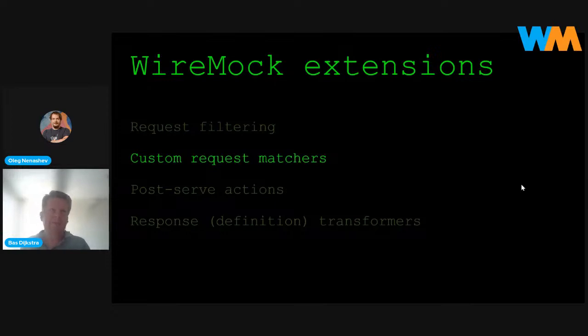So it's basically what kind of characteristics, what kind of properties of the incoming request am I going to look at to determine whether or not I'm going to send back a response.